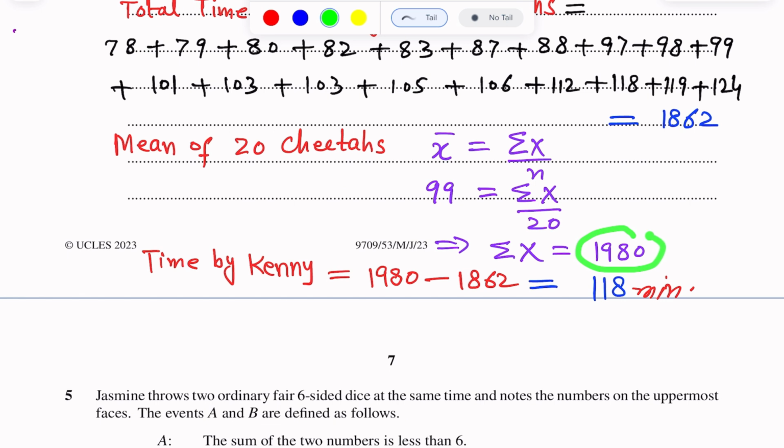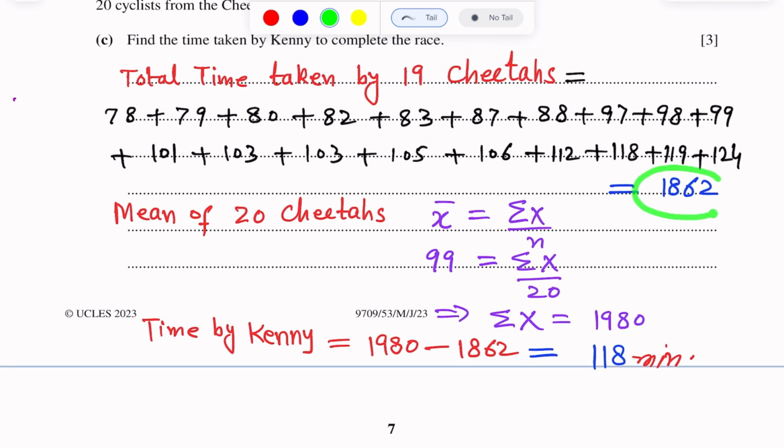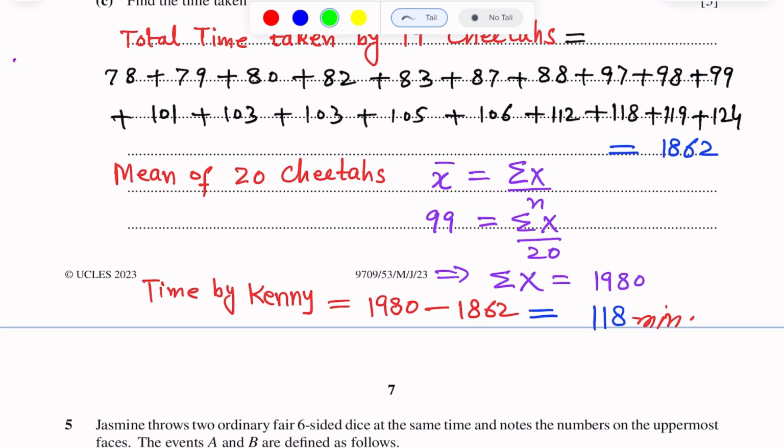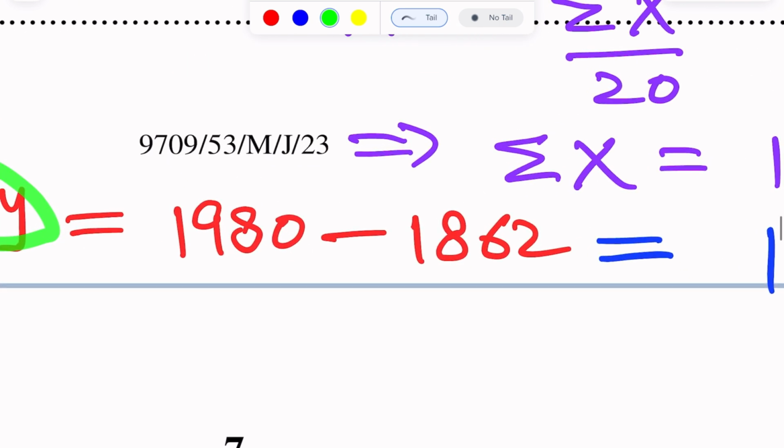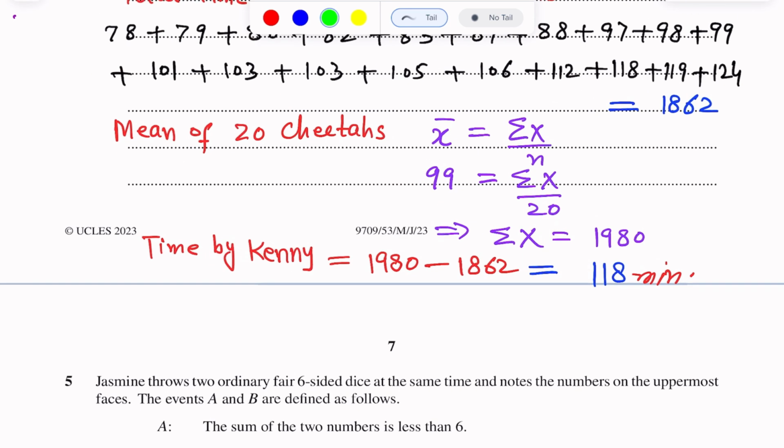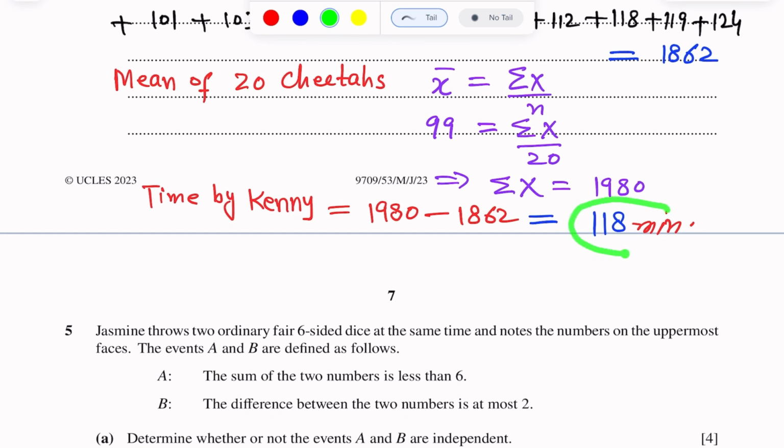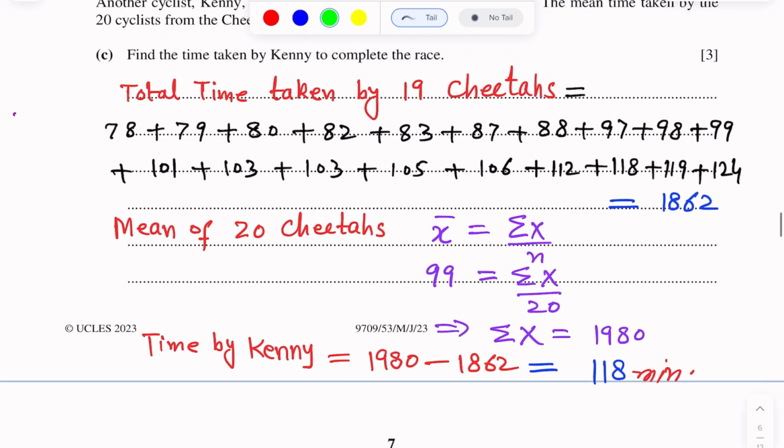So this is the sum of time of 20 cyclists, and 1862 minutes is the sum of time of 19 cyclists. So when we subtract, we get the time taken by Kenny. 1980 minus 1862, we get 118 minutes. This is the answer.